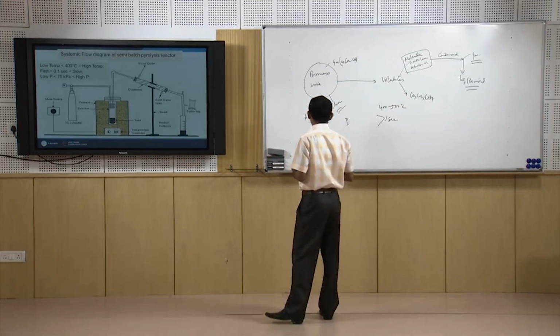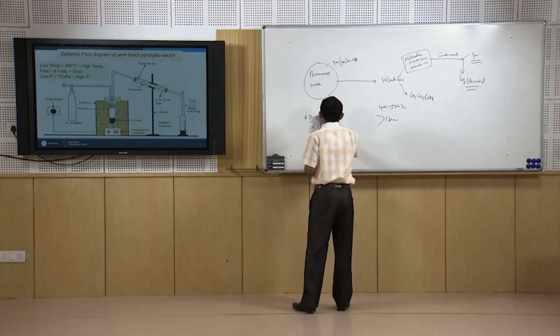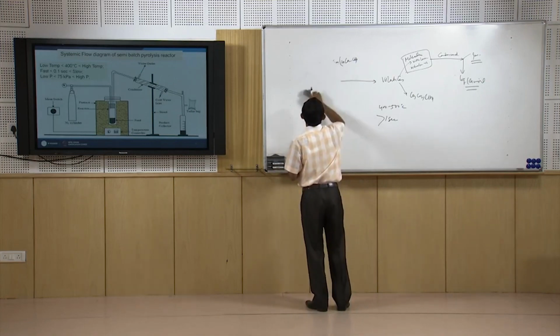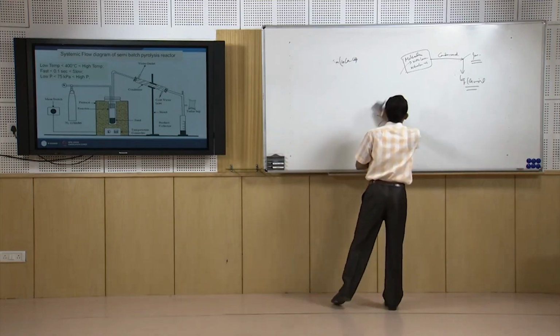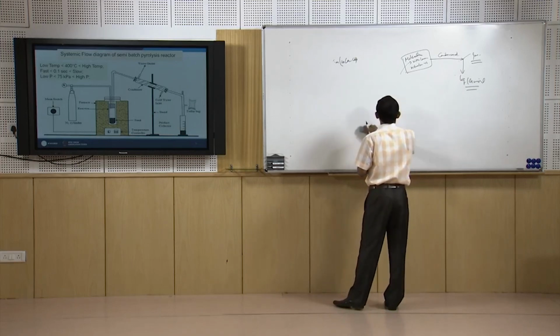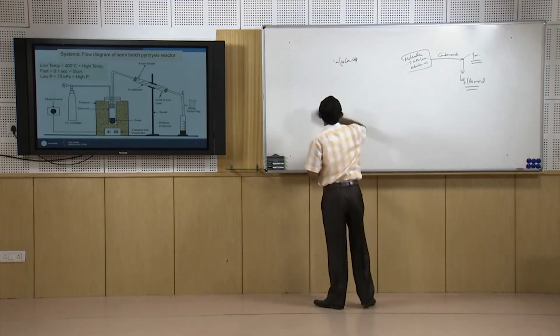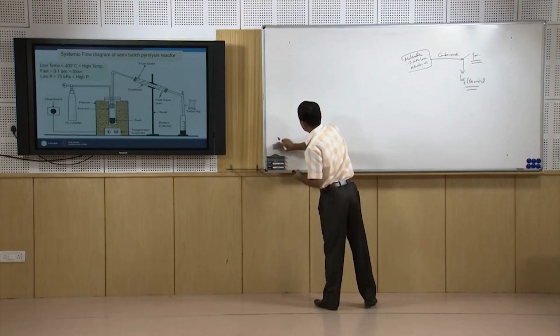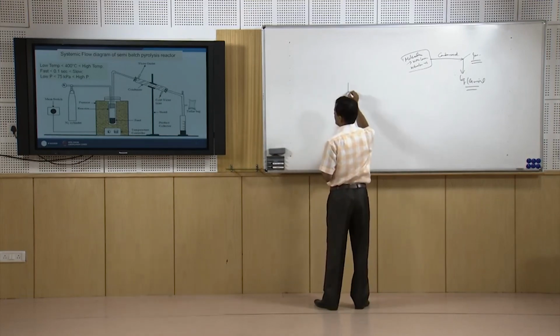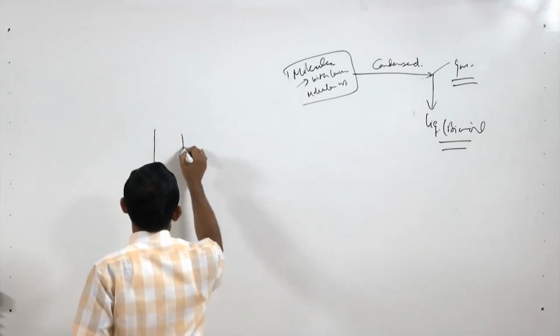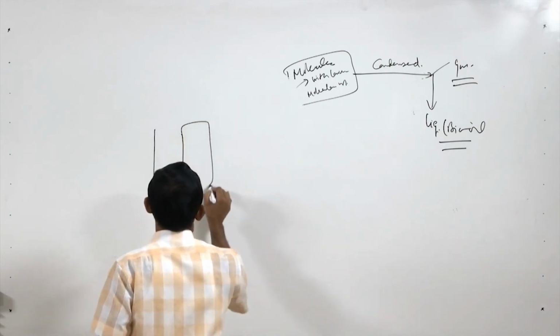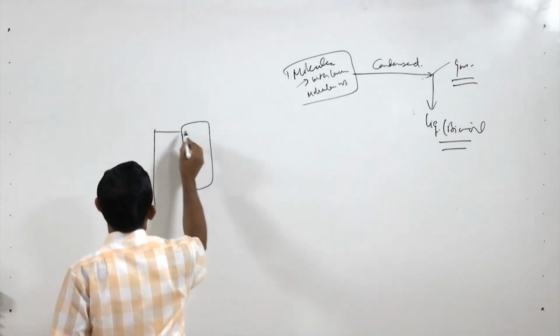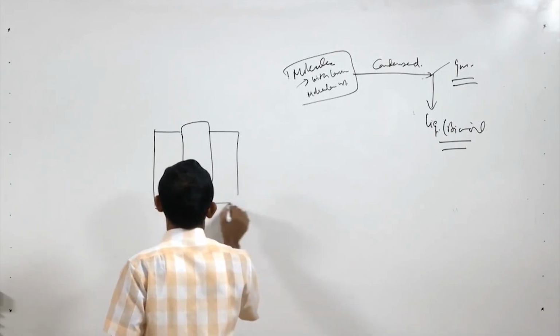So, this is one batch scale reactor for the pyrolysis of biomass and waste. We will get some important information in this figure. We have one pyrolysis chamber, a very small one inside a furnace.